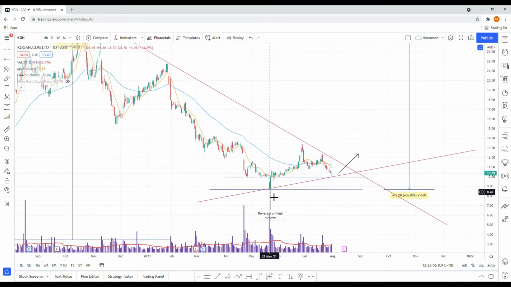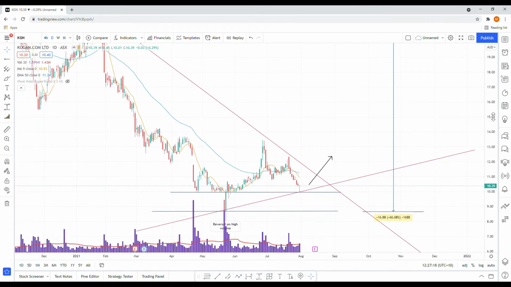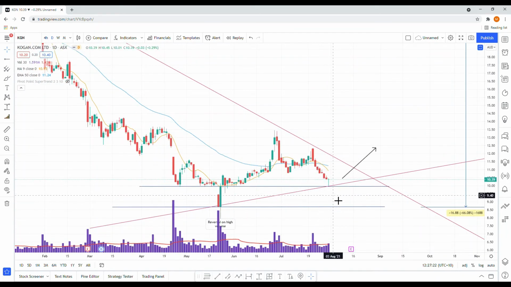Yeah, see, this level is a very strong support area, and if it fails, this is the other level that this stock has been supported at. So this level 1, 2, 3, it's a good area. Even last day, Friday, it came all the way down here, then pushed up all the way to close where we started.